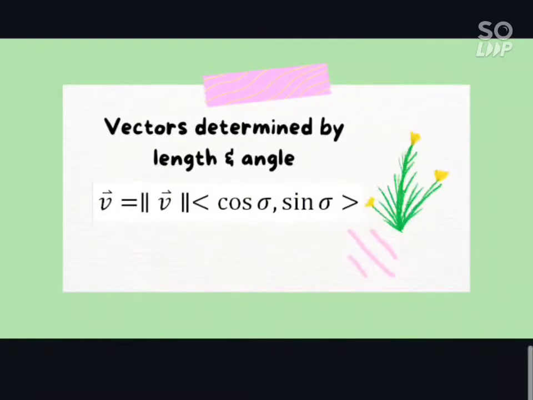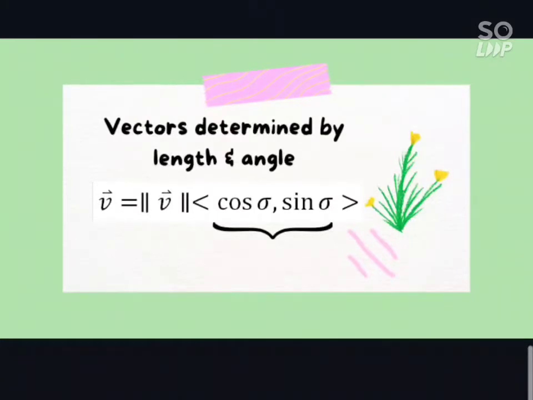That will be the vector cosine theta, comma, sine theta. This is the length, and this part we call the direction of the vector. Oftentimes we'll be asked to write a vector in terms of its magnitude and its direction.